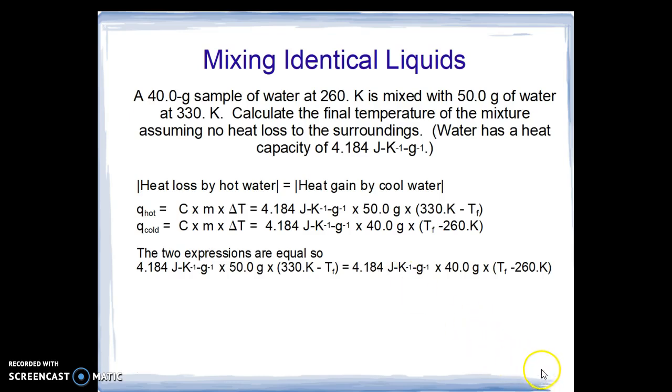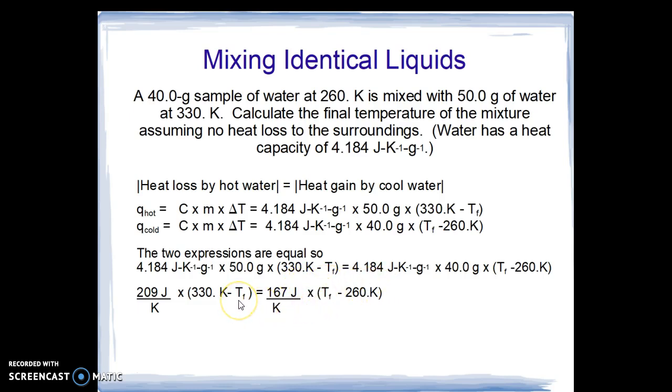In this solution we went ahead and multiplied the 4.184 by the 50 grams and the 40 grams to get 209 joules per Kelvin on the left with this expression, and 167 joules per Kelvin on the right with this expression.